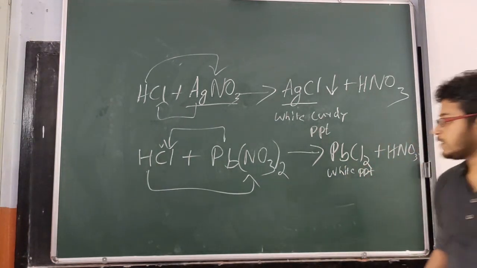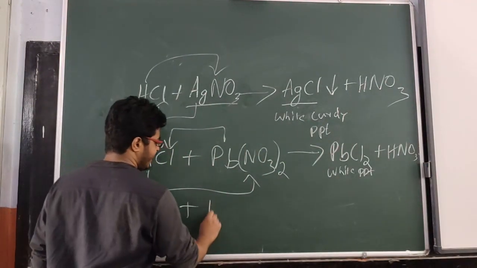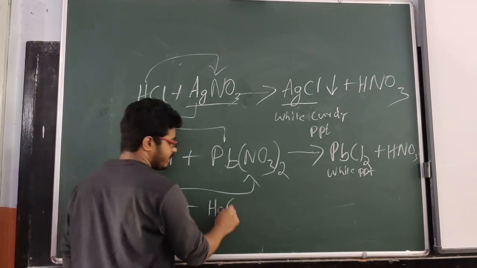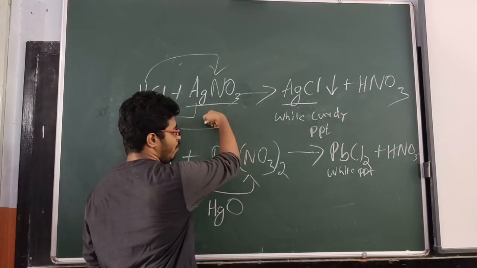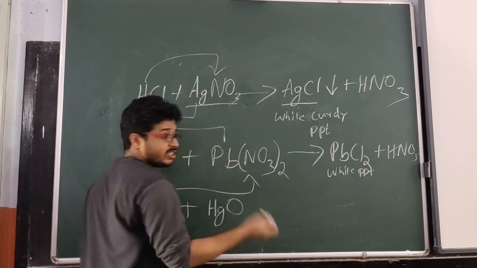Okay. Now there is one more reaction, that is HCl with a mercury compound. We can react it with mercury oxide also, that is also fine. Here also you can use Ag2O and PbO, that is also fine.